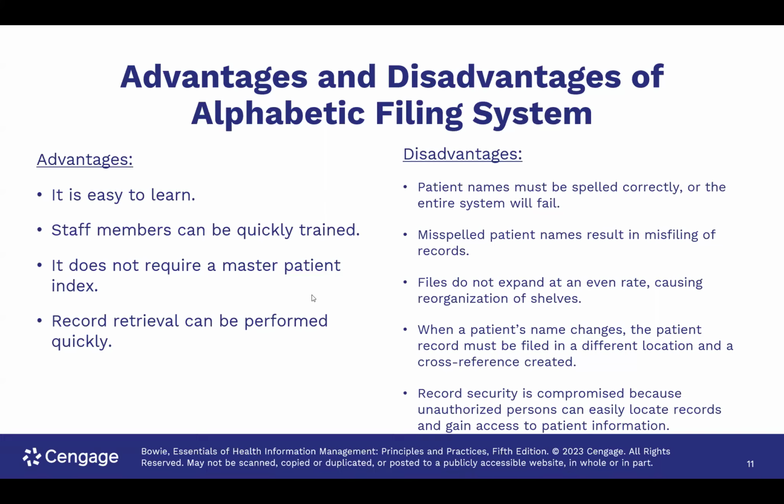And then records don't expand at an even rate, right? So the last names that begin with A's, there's not automatically the same expansion for last names that start with a Z. And then if a patient's name changes, you have to recreate the record in a different location and do a cross-reference, and it can be kind of a headache.